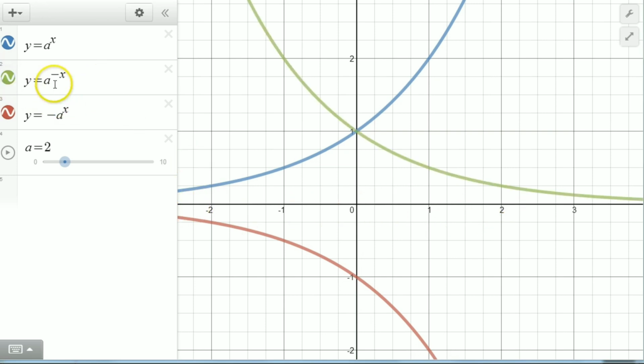So looking at these two situations, a to the negative x reflects in the y-axis, and y equals minus a to the x reflects across the x-axis. The way to remember this is that we've seen many of these, y equals minus x squared or minus x cubed, where it flips the graph upside down across the x-axis. Same here, and this extra one, y equals a to the minus x, has been thrown in for good measure.